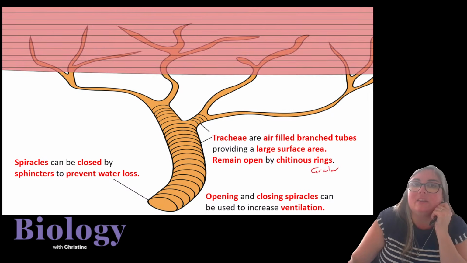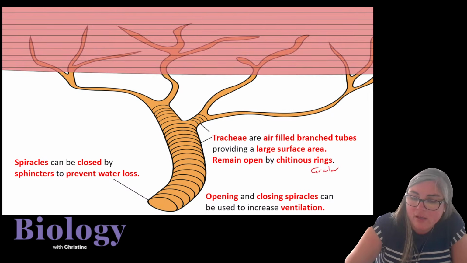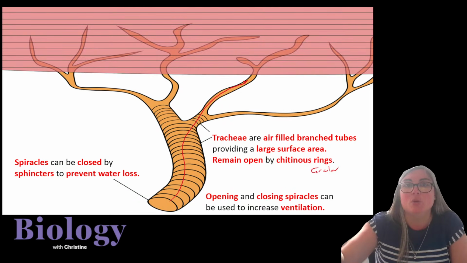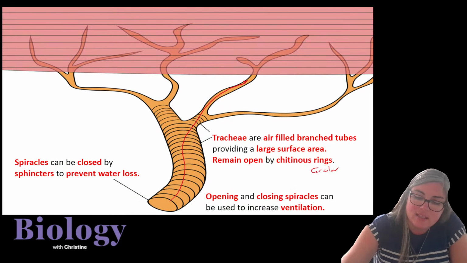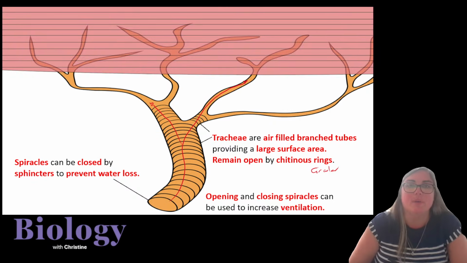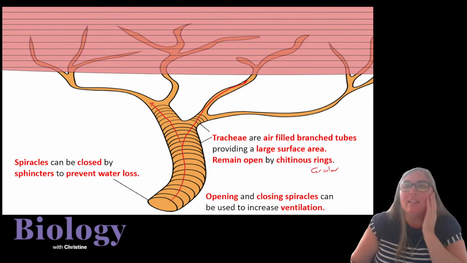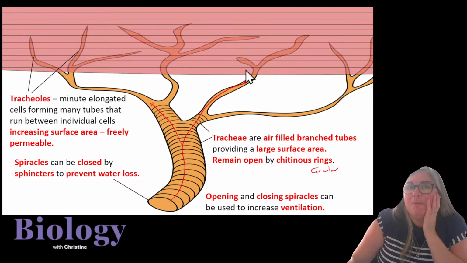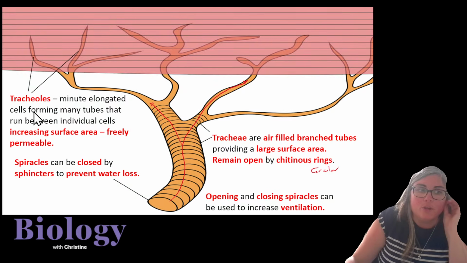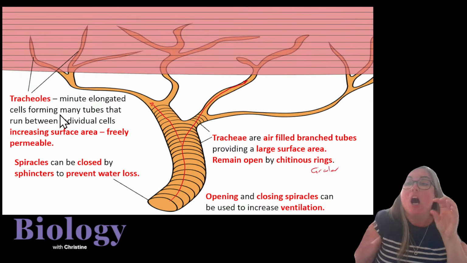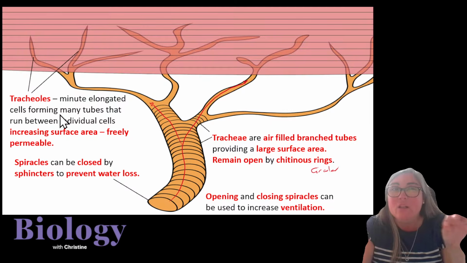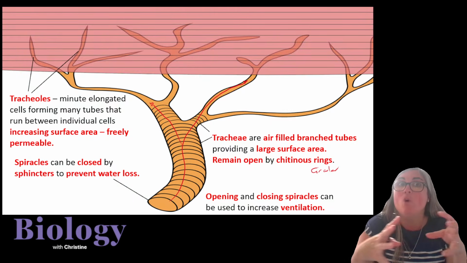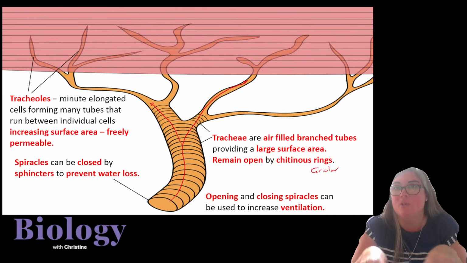They need the delivery of oxygen up to the cells, and the removal of carbon dioxide. Obviously it goes all the way to the ends where the cells are. So these are tubes and channels that go all the way to the ends, which are called the tracheoles. And the tracheoles are even more minute elongated cells, which form many tubes that run in between the cells.